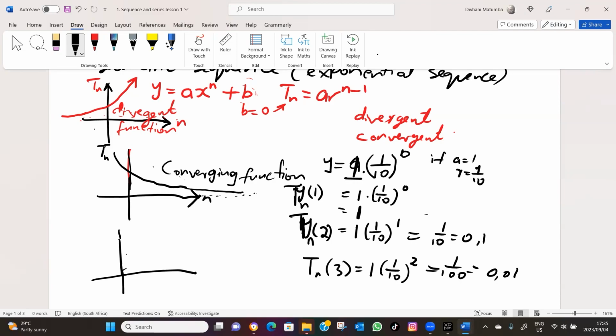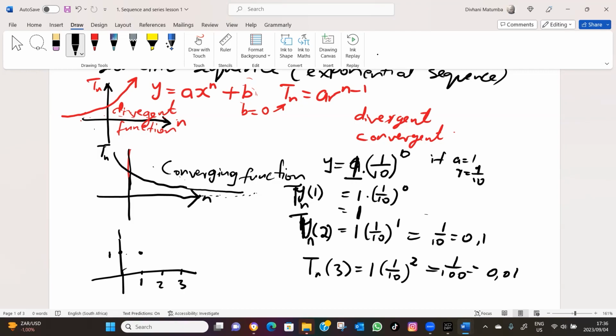If you go and plot, you will see that this function, when n equals 0, will be at around 1. And when we increase the n value, this is 1, this is 2, this is 3, it gave us about 0. When n was 1, we got the Tn of 1.